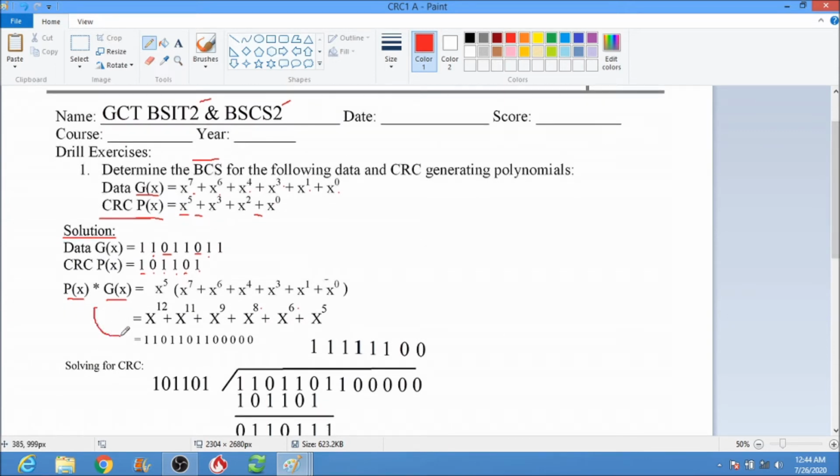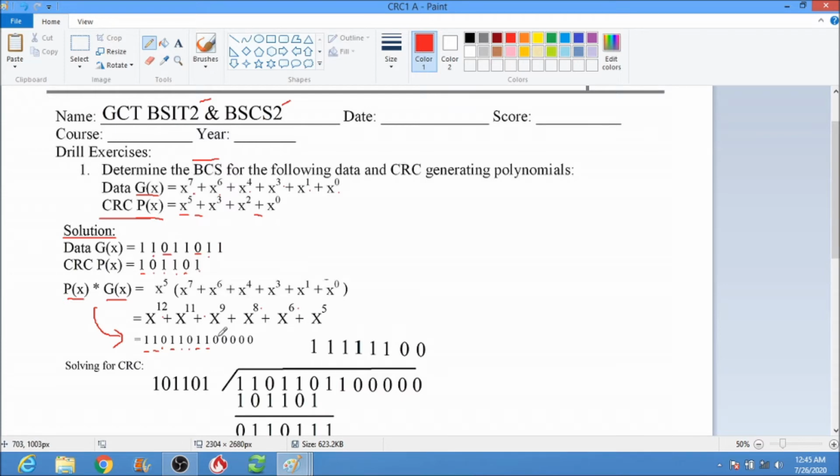Now we have the string of 1 and 0. So we have x raised to 12 is 1, x raised to 11 is 1, x raised to 10 is of course 0, x raised to 9 is 1, x raised to 8 is 1, x raised to 7 is 0, x raised to 6 is 1, and x raised to 5 is 1.